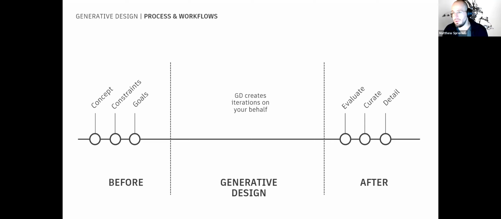And sometimes that's cool, but most of the time, designers want to think about the concept, the goals, and then they want to have fun with the details and curating what examples they've made. So what generative design does is push more time for the designer to be in the concept and the detailing phase.